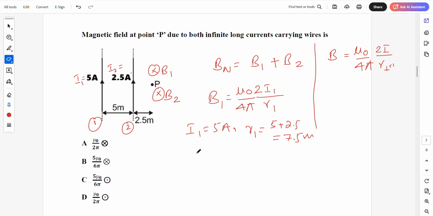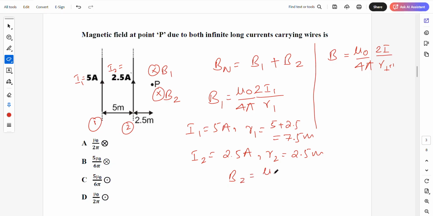Now similarly for the second current carrying conductor, which is infinite, I2 is equal to 2.5 amperes. R2 is this distance, 2.5.